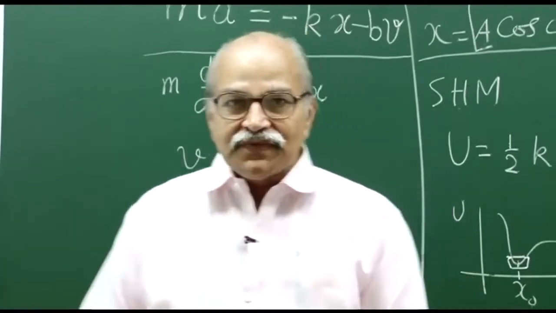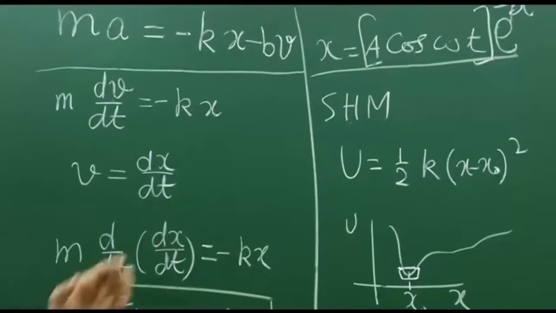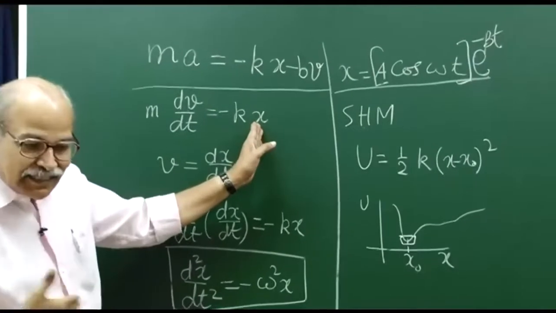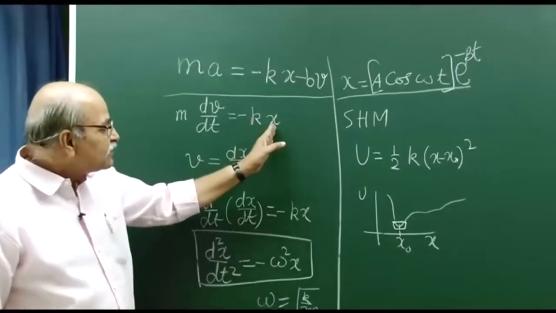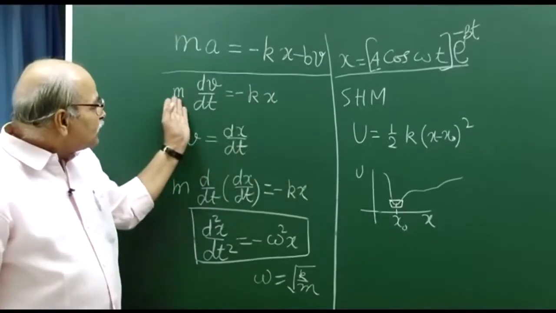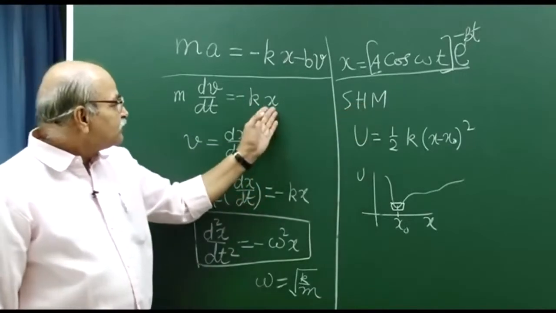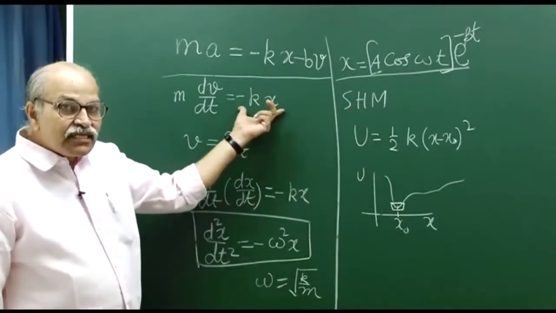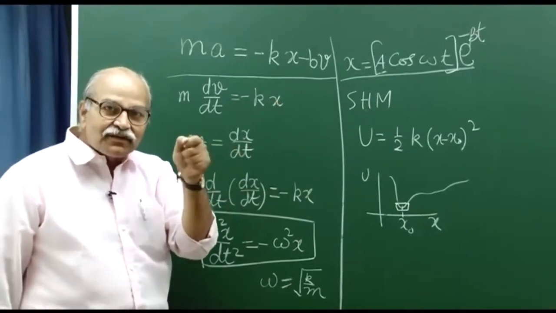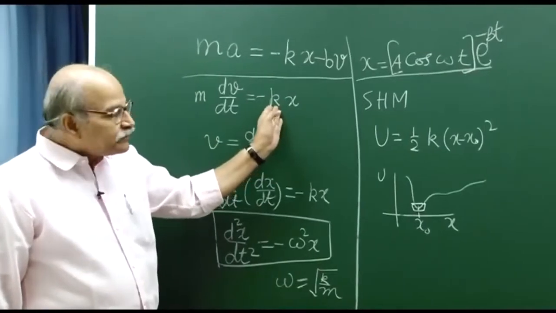In equations, we have this restoring force which is proportional to the displacement, or whatever parameter is involved. This is a special case which we called SHM, simple harmonic motion, in which the restoring force is proportional to x, and for small oscillations around the stable equilibrium, this will always be the case.